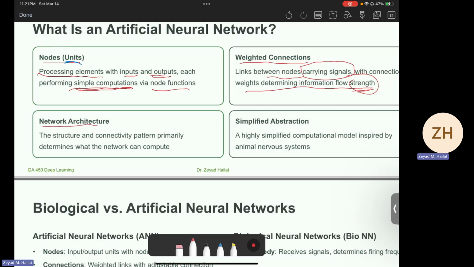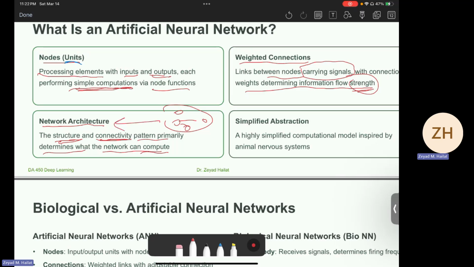The network architecture, and this is extremely important in our context. When we talk about an architectural design, we are talking about the number of nodes, so how many nodes I have, and how they are connected to each other. So it's the structure and the connectivity, and this connection pattern primarily determines what the network can compute.